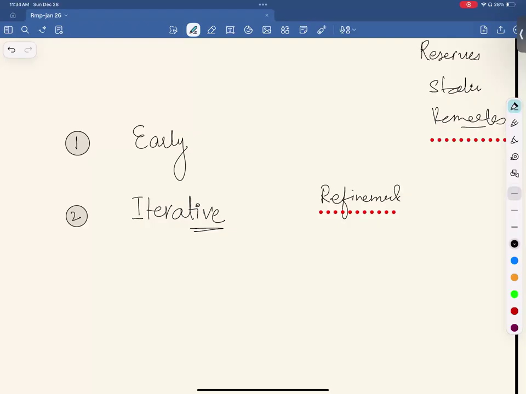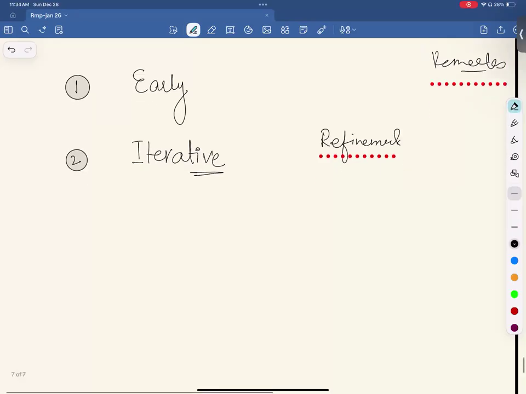So one, you do it during the early stages. And second, you do it in an iterative manner. And third thing, identify emergent risks as well. Now, what is meant by emergent risks?